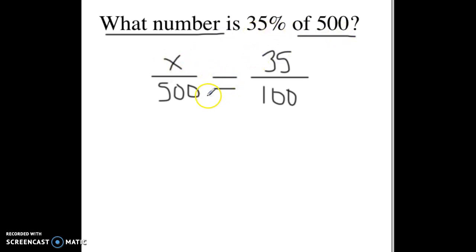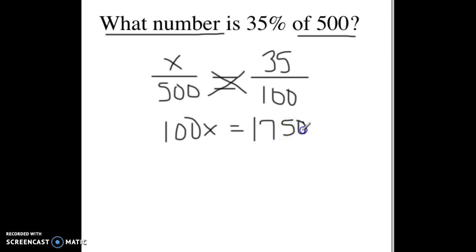Now we remember from proportions that cross products are equal. So 100x equals, I don't know what 35 times 500 is. I'm going to tell you what, if you talk to your teacher, they might let you use a calculator, just because these numbers are going to get a little weird. So when I get that, I get 17,500.